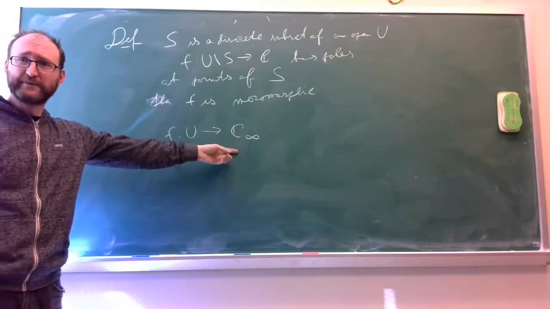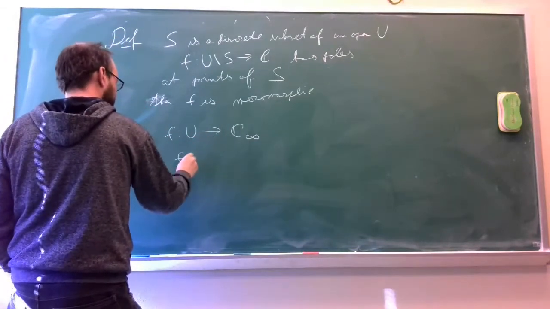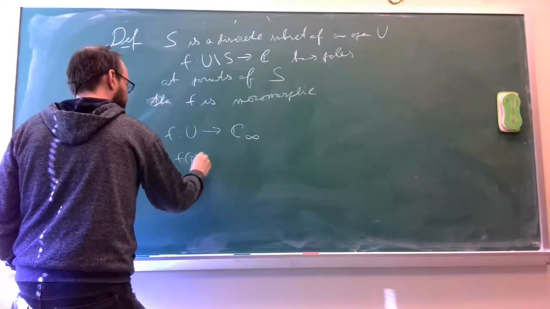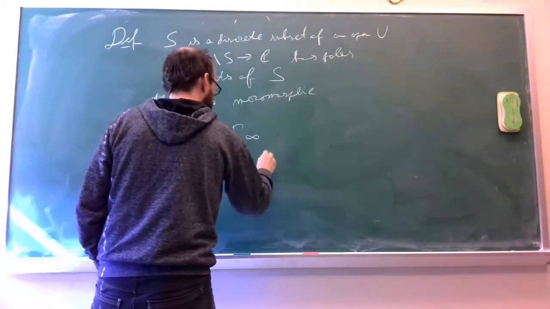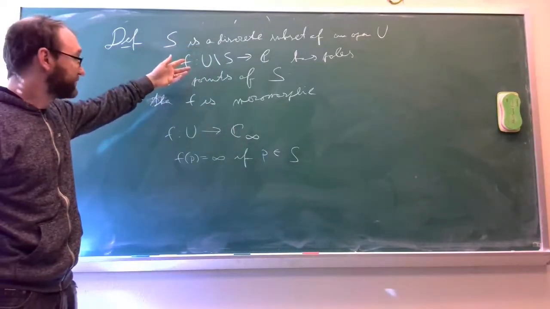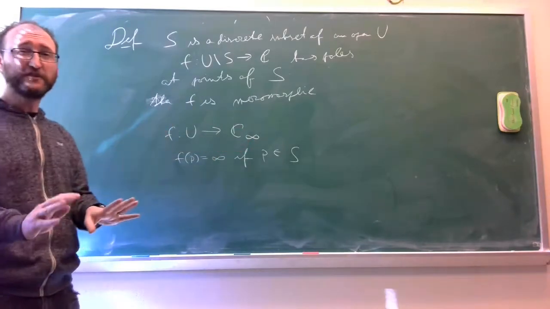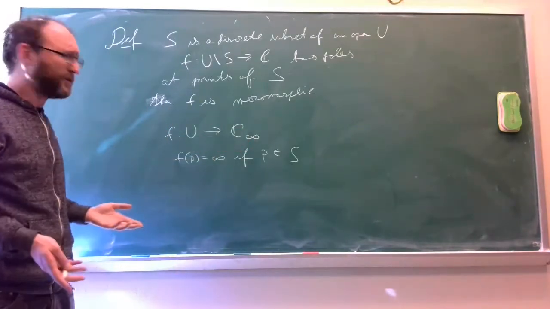We do this by just saying that F of p is infinity if p is in S. So F was not defined before at points of S, so you can just define it to be infinity as long as those are poles. Why does that make sense?